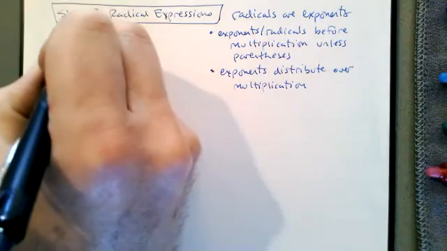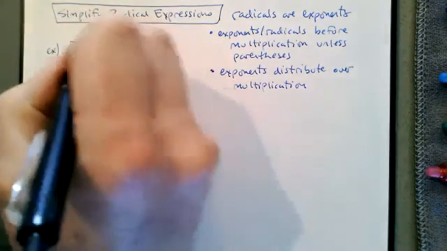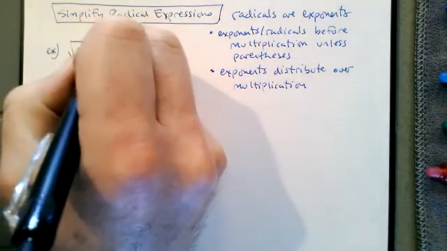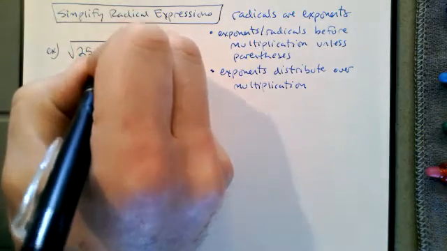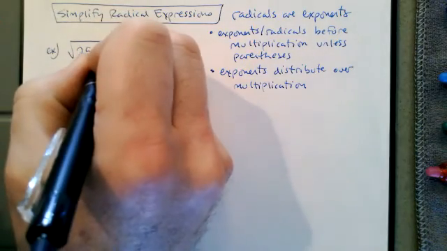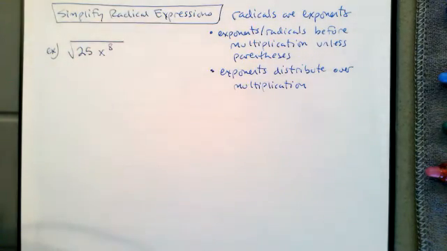If I ask you to simplify something like the square root of 25 x to the 8th, the number part is familiar to us. The square root of 25 is 5. Then we need to take the square root of x to the 8th, and we want to imagine the square root as a 1/2 power.